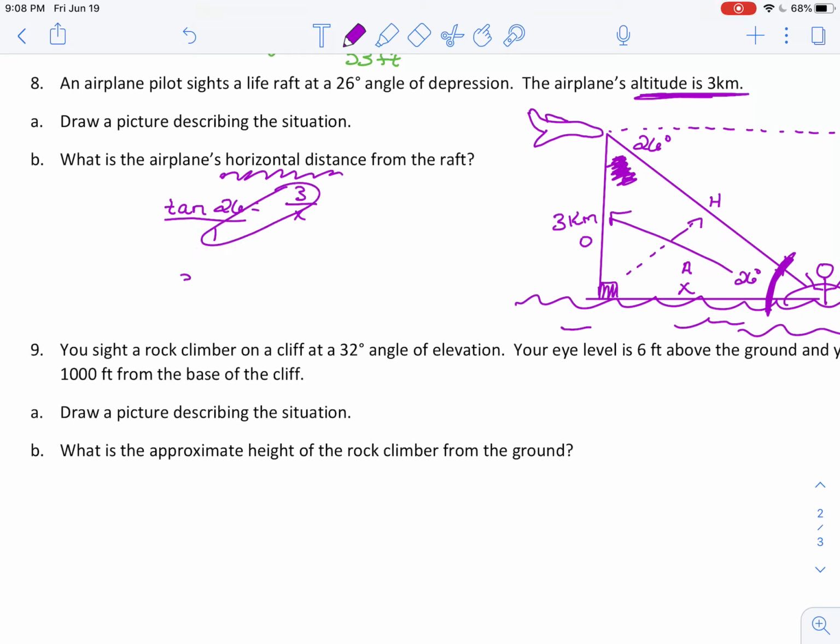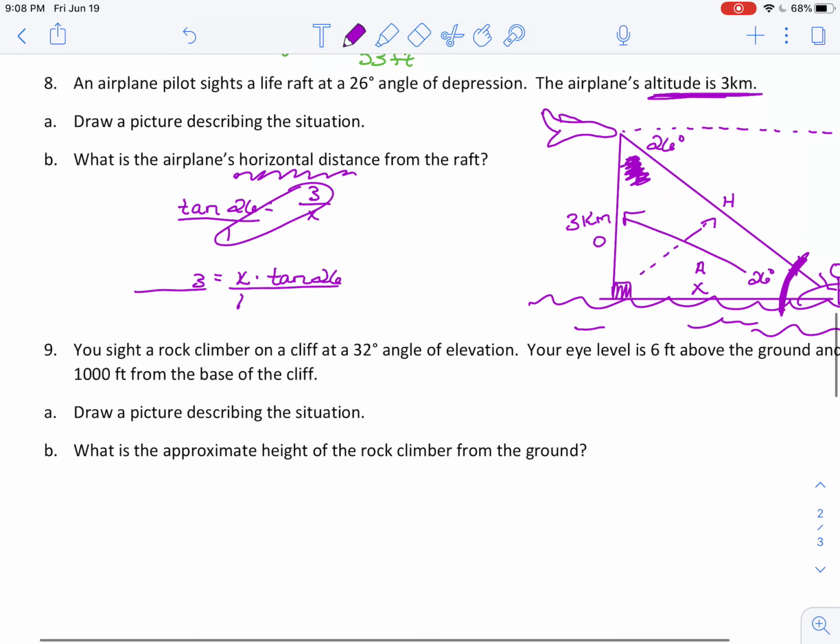We're finding a side, so I'm going to cross multiply. 3 times 1 is 3. X times the tangent of 26 is x times the tangent of 26. And I will find x by itself by dividing by the tangent of 26. So that's what I got to go to my calculator for.